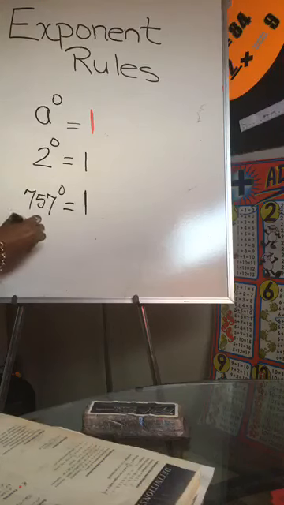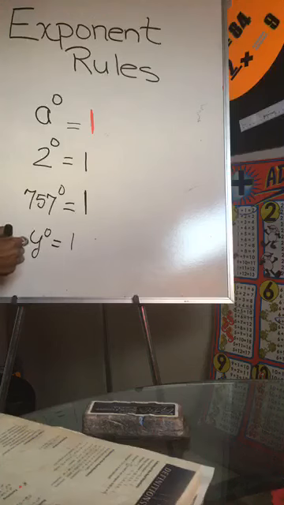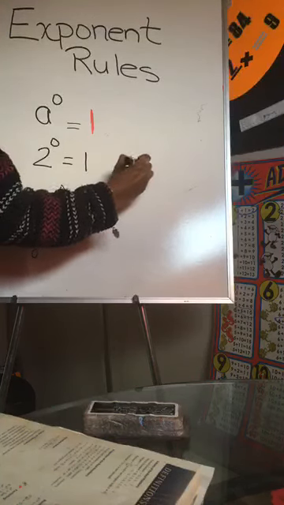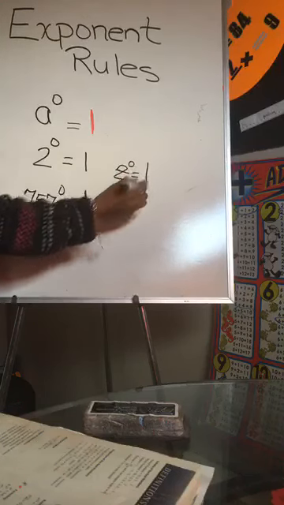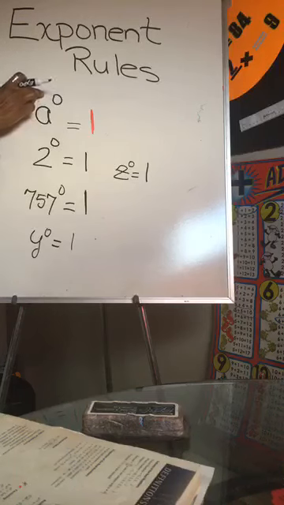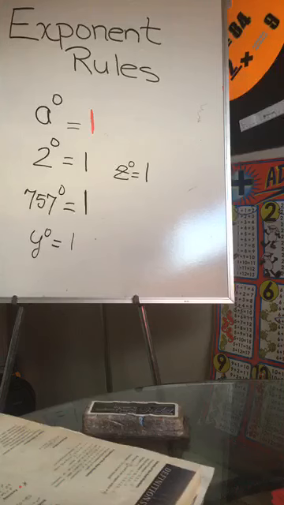If I have y raised to the 0 power, it's 1. If I have the variable z raised to the 0 power, it is 1. So the concept is that any variable or number raised to the 0 power is equal to 1. That is the first exponent rule that you need to know.